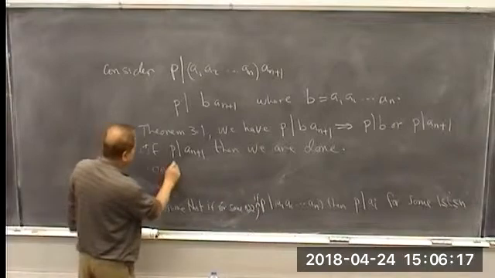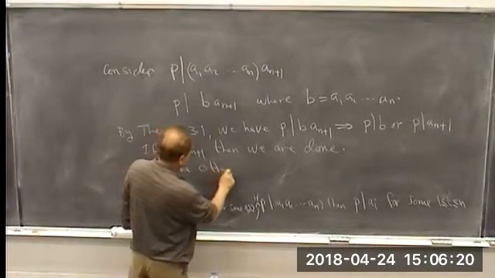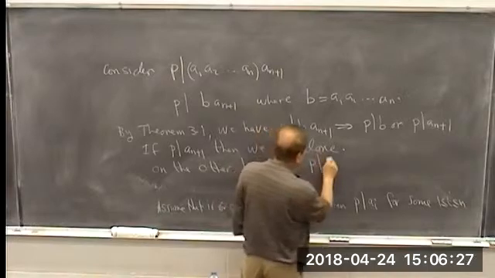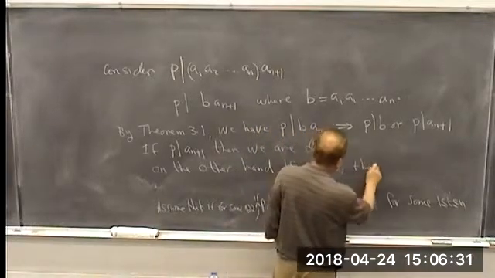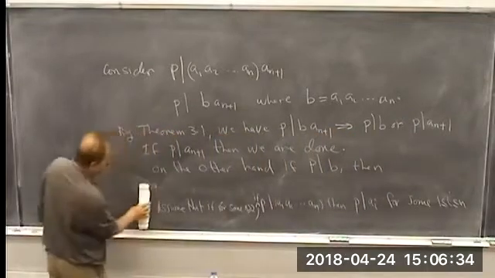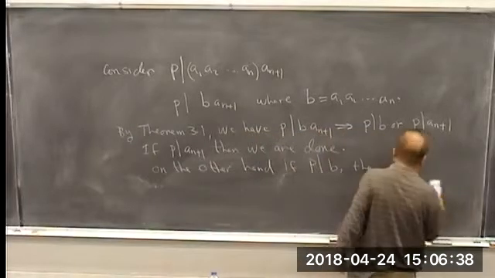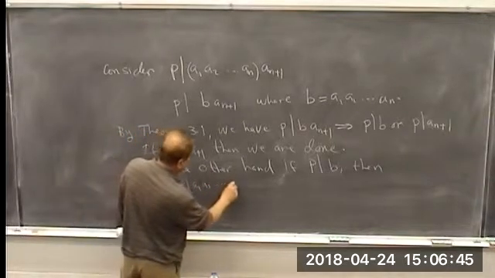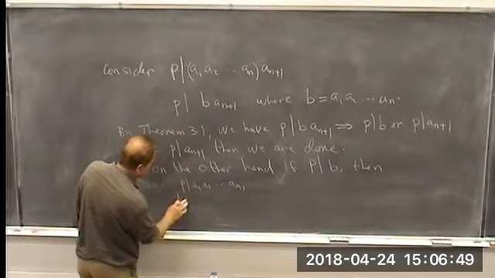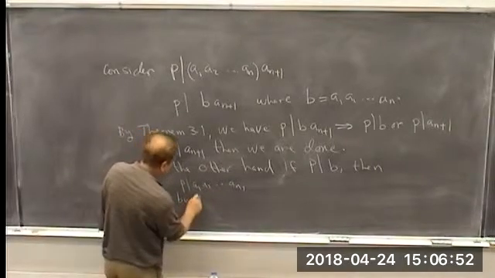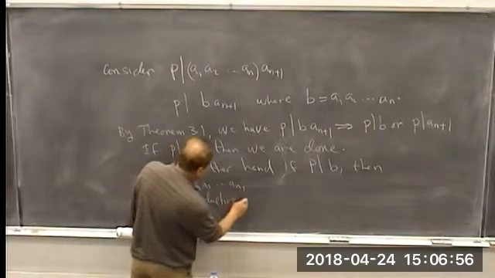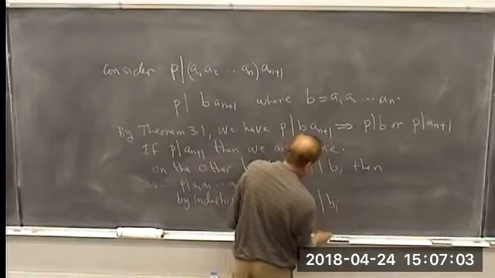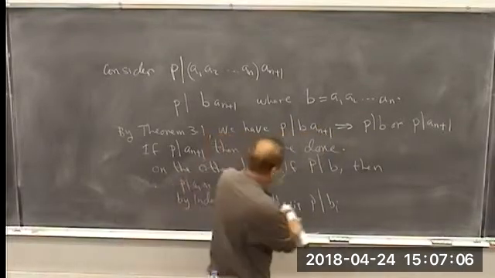On the other hand, if P does not divide AN plus 1, then P divides B, so we have P divides A1, A2 up to AN, and by the inductive hypothesis, P must divide AI for some I between 1 and n.